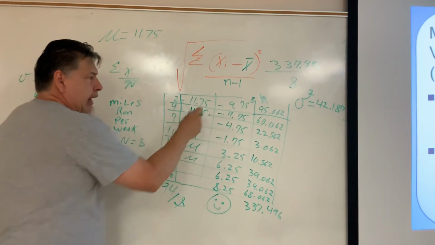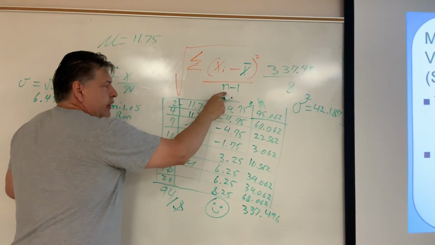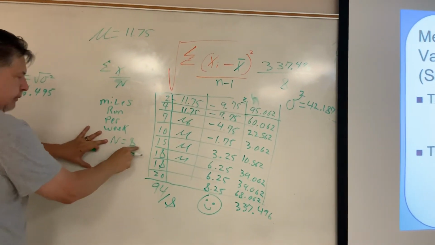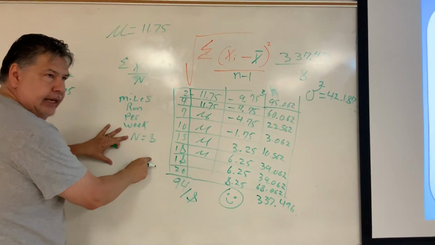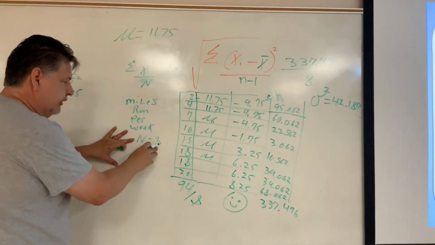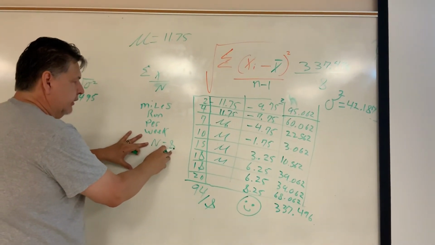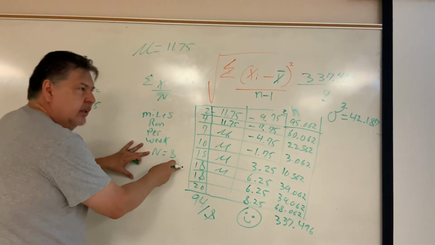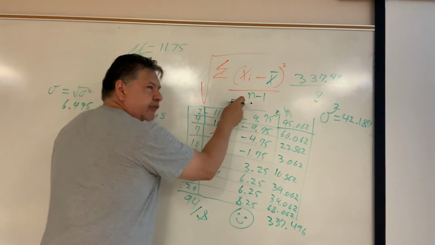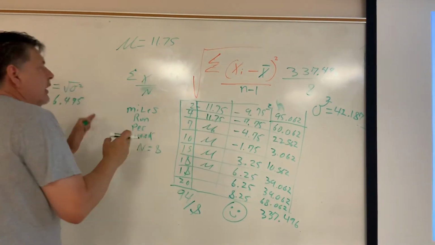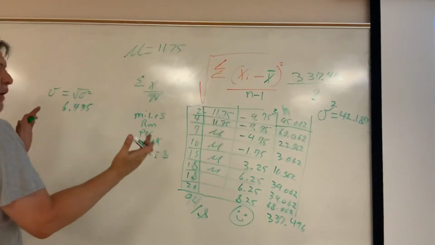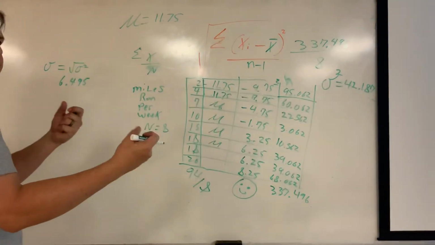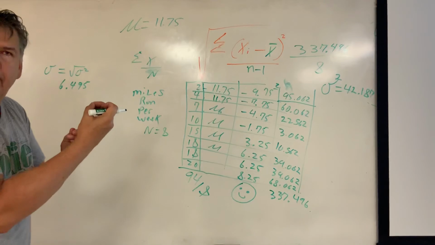But basically what I have here, I have 7 degrees of freedom, because I have n and I'm taking 1 away from n. I've got 8 in my sample size in this particular example, and if I take 1 away from that, I get 7. So I have 7 degrees of freedom here. And basically, if I'm dealing with very, very large data sets, 1 is not going to make a big difference.